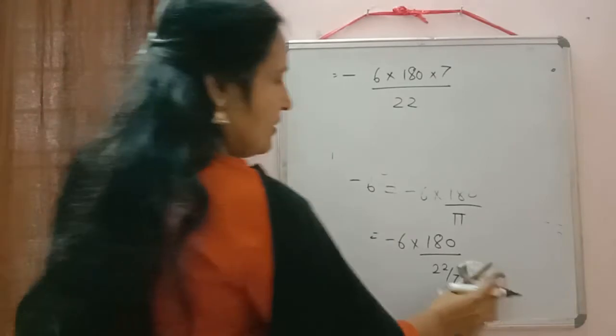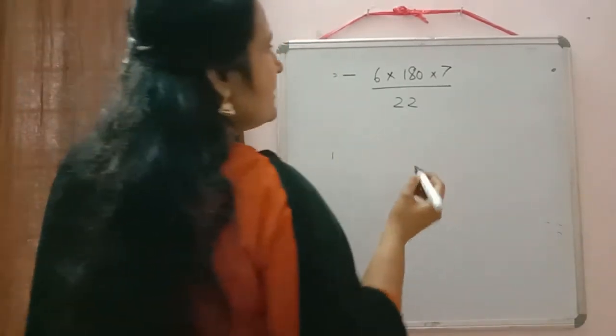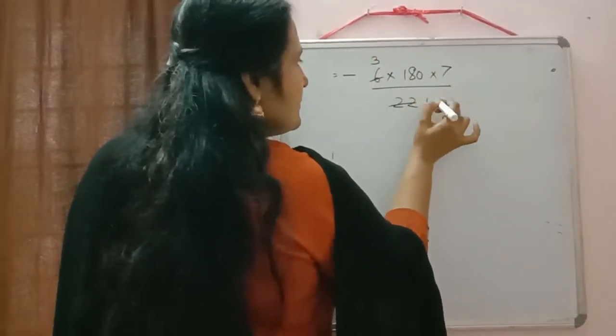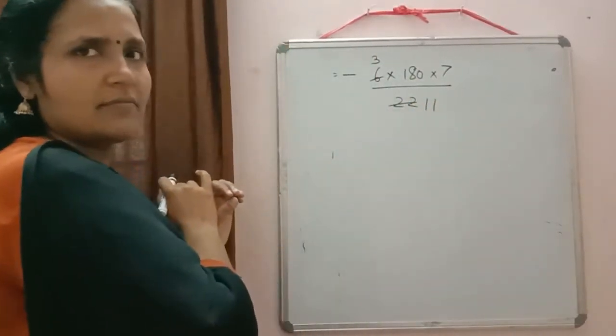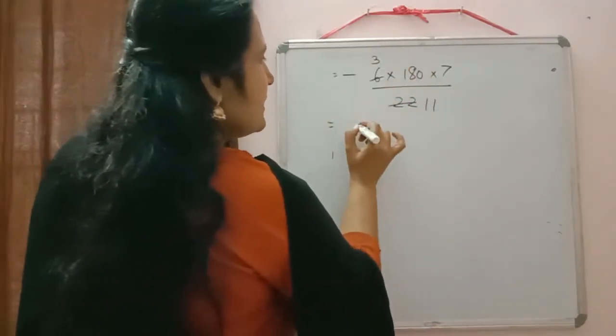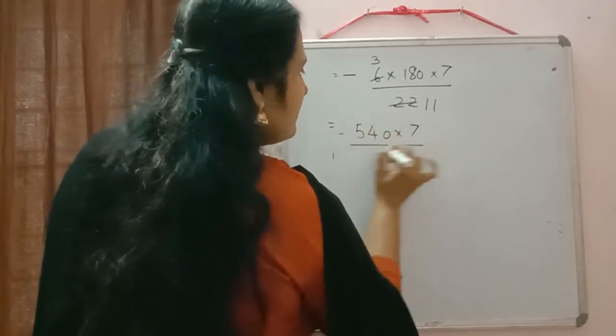Now if cancellation is possible, we will cancel it. I think it is divisible there. 2 3s are 6, 2 1s are 2. Now it is not divisible, so we can multiply here. 180 into 3 will be equal to 540 into 7 by 11.